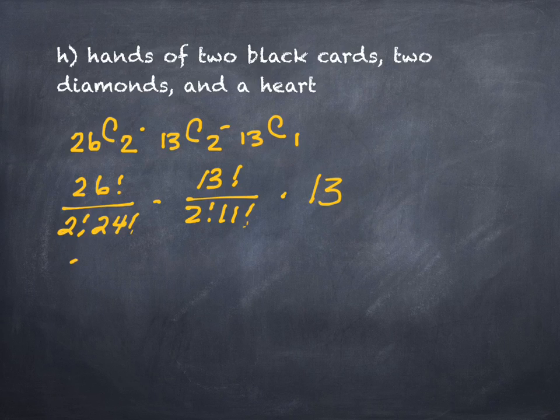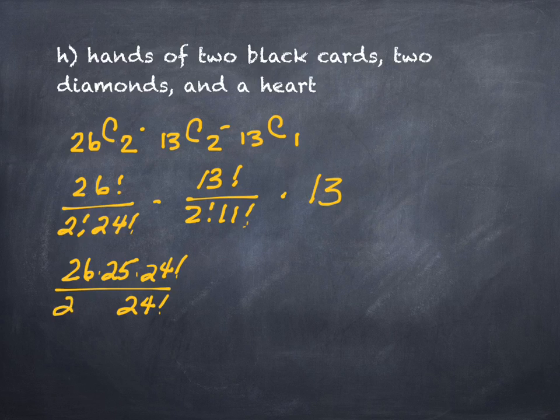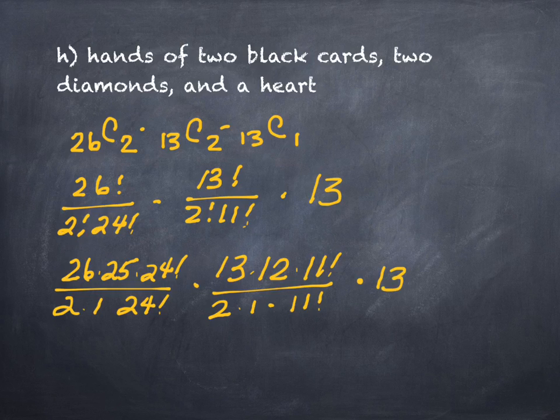All right, so I have 26 times 25 times 24 factorial, and I can stop. I have 2 times 1, excuse me. And then I have 13 times 12 times 11 factorial over 2 times 1, again, times 11 factorial. And then I've got times 13 at the end.